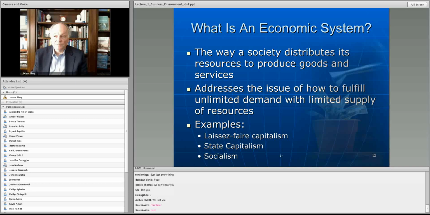And then there's socialism, where the main means of production are owned, not regulated, owned by the government. So General Motors, which makes cars, is owned by the government. The cars are made by the government and sold by the government, and all the profit goes to the government.